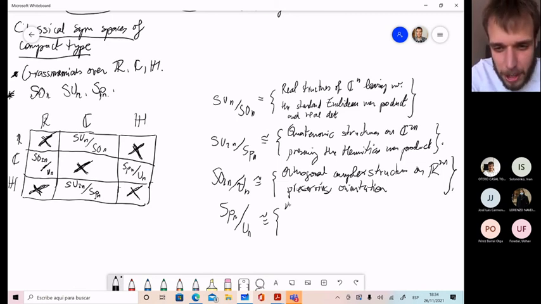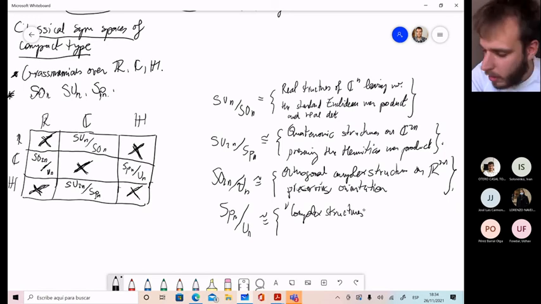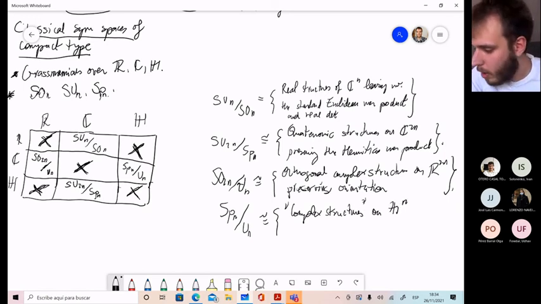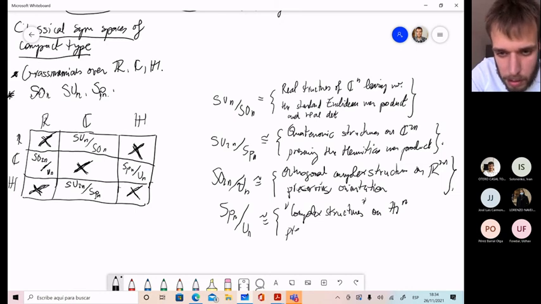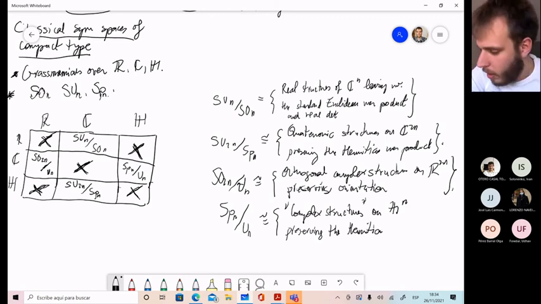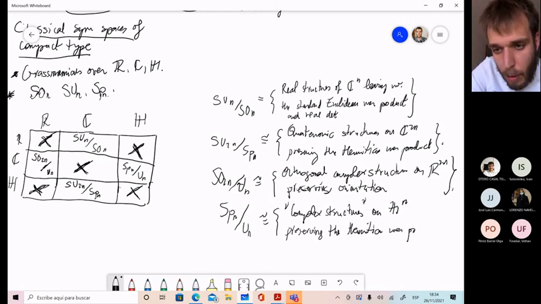Do you agree with me on this? Complex structures on HN, preserving the Hermitian inner product of HN.